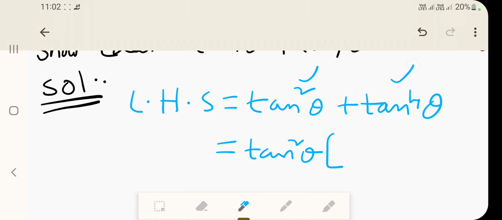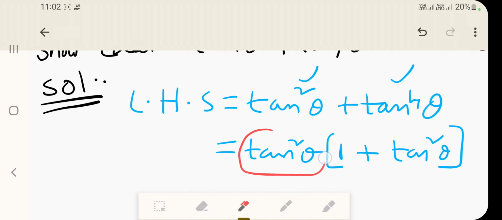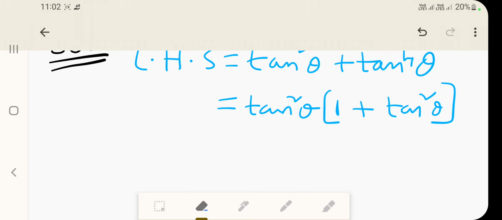If you take out tan square theta common, we get 1 plus tan to the power of 4, if you take out 2, we are left with tan square theta. It's simple here: whenever we take tan square theta common outside, here we have 4, 4 minus 2, it's going to be 2 left here. That's how you're going to write it as tan square theta.